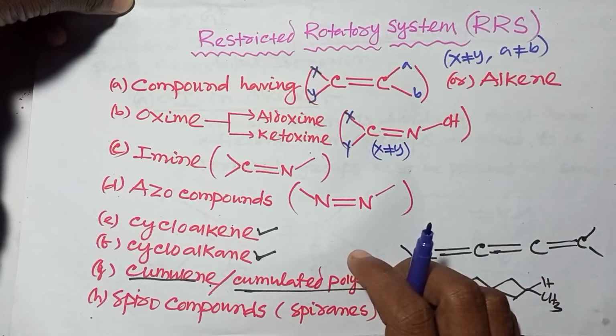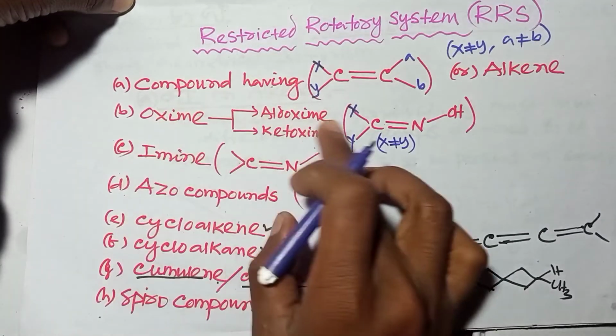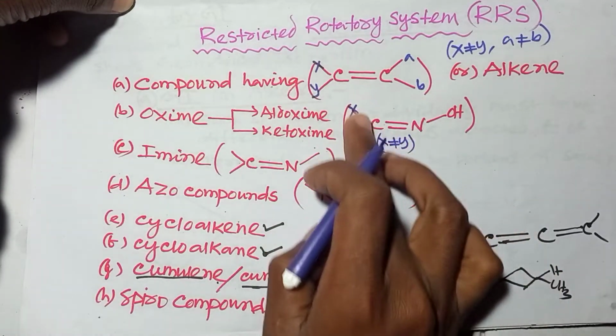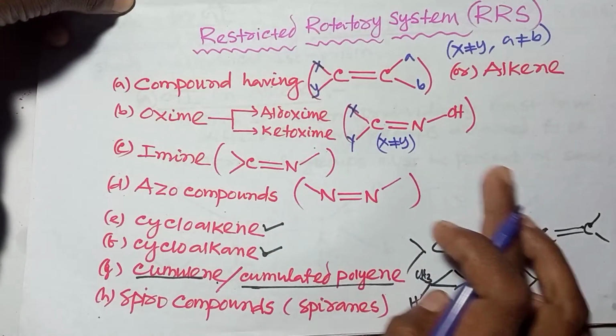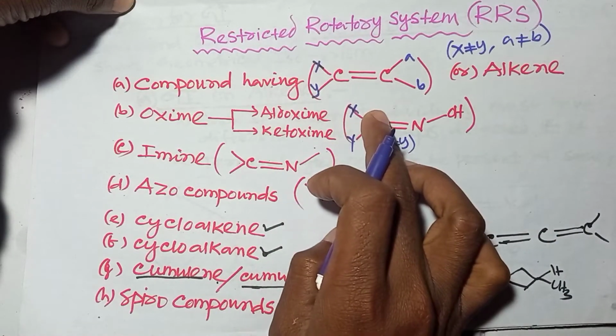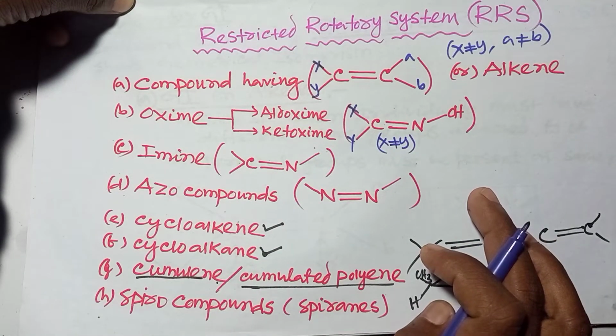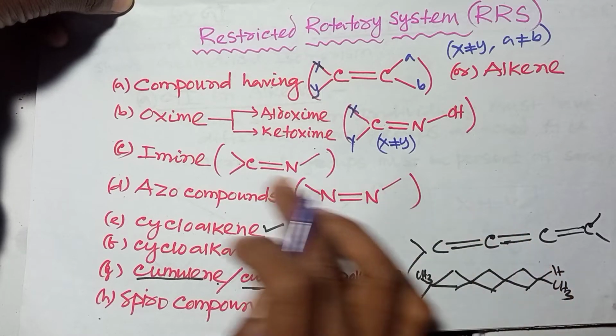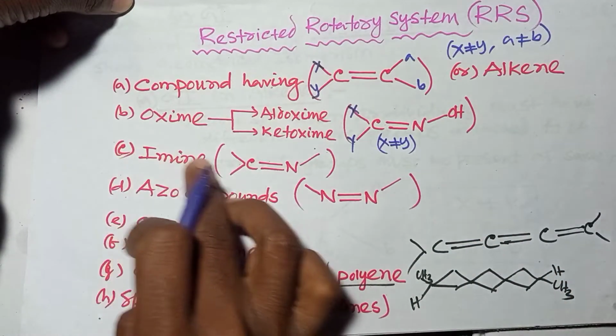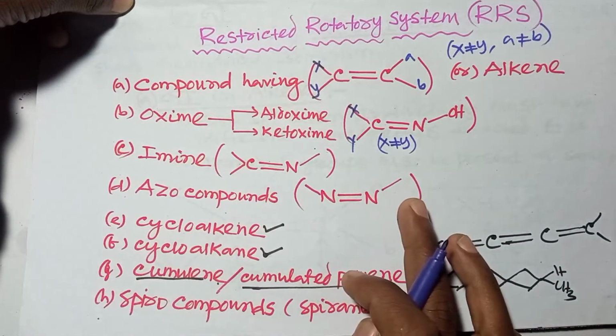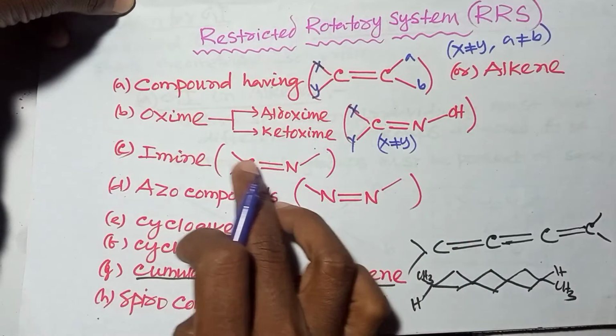So this is the case of oxime. This kind of system can show geometrical isomerism provided these two groups attached to this carbon atom are different. Then again, imine is also a restricted rotatory system and its structure is something like this.